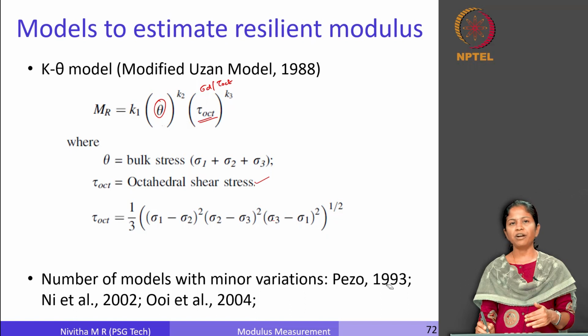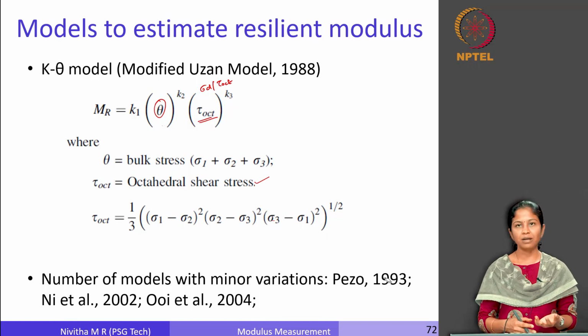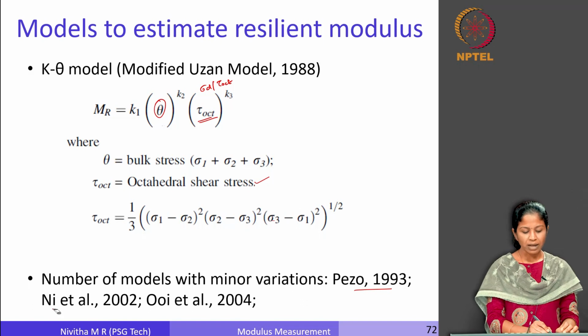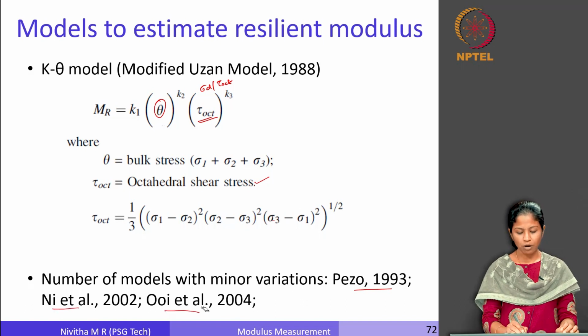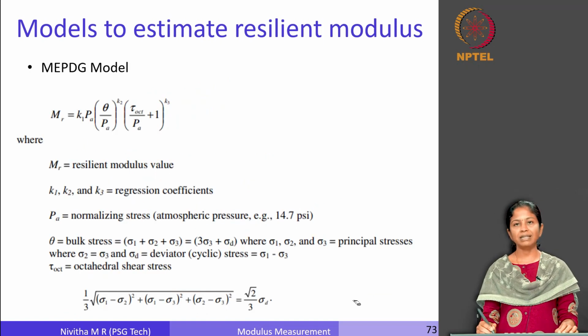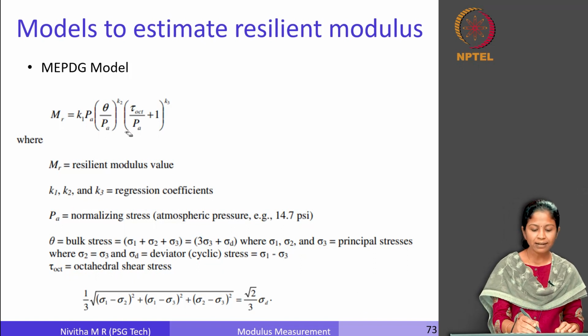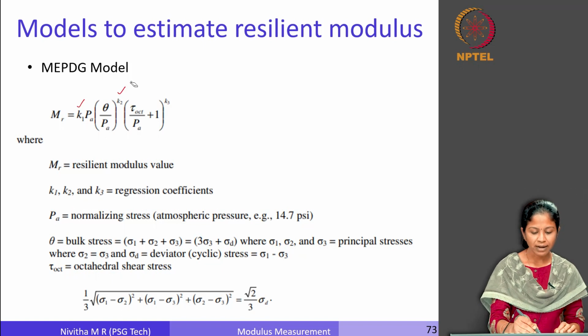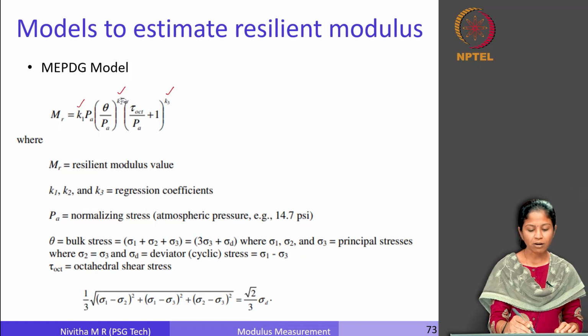Based on this modified Uzan model, there were a lot of other models with minor variations. There was one model by Witczak, one by Ni et al., one by Wu et al., and so on. So a number of models are available. The last one is the MEPDG model, which is used in the MEPDG framework. Here it is a function of K1, a constant, K2, a constant, K3, a constant, and then there are two parameters, theta and tau octa.